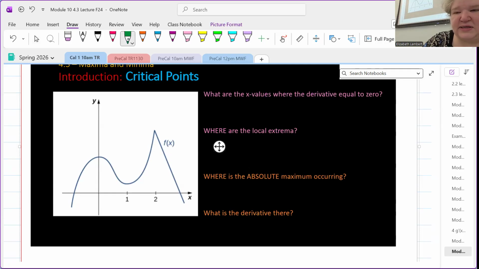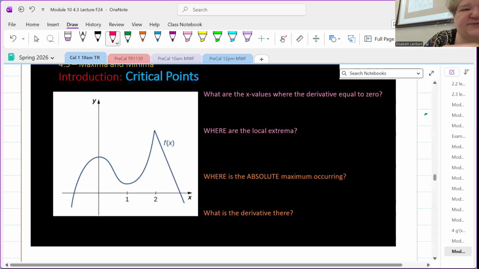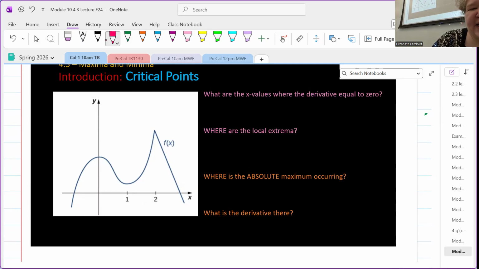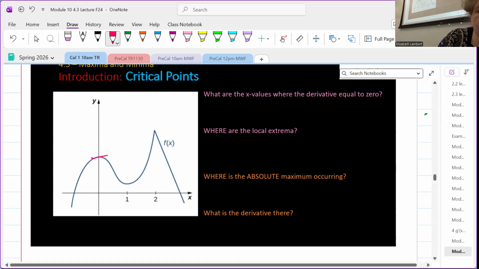All right, so let's look at this little setup. This is a very deliberately picked weird graph. So what are the x values where the derivative equals 0? Yep, so I've got one at 0 and I've got one at 1.